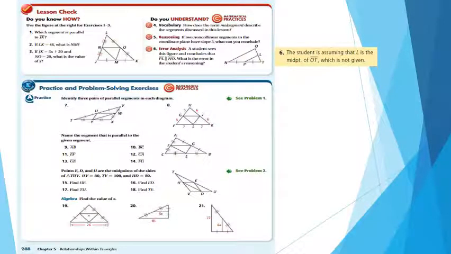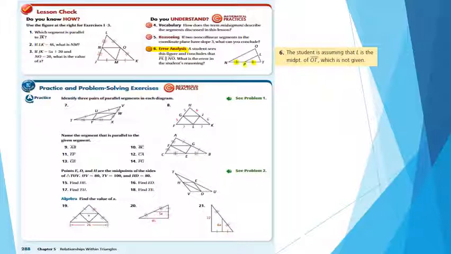Let's see the last question in this lesson. Question number 6, error analysis. A student sees this figure and concludes that PL is parallel to NO. What is the error in the student's reasoning? Okay, so here, I want you to look at this triangle. They put the mark, this side is equal to this side.